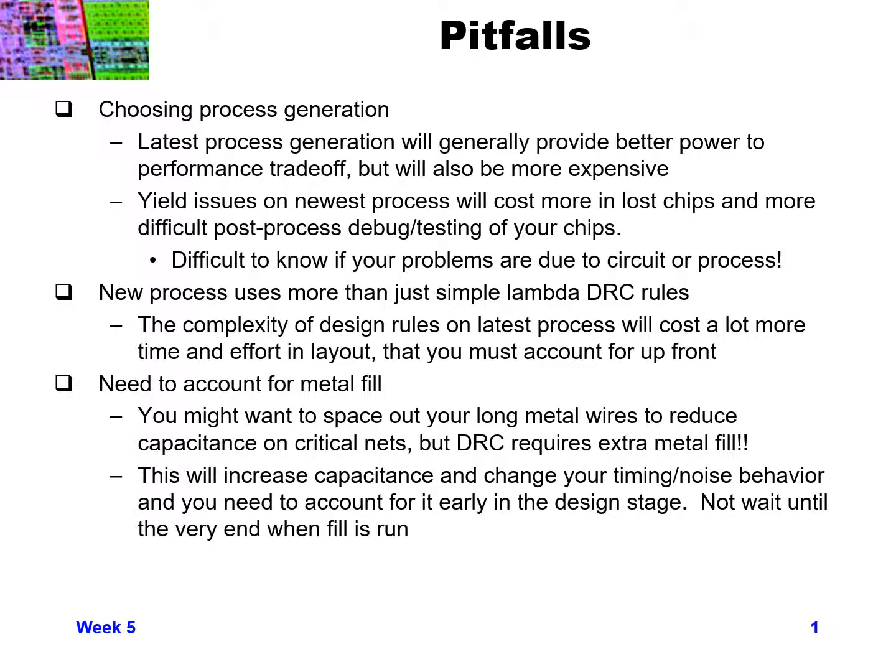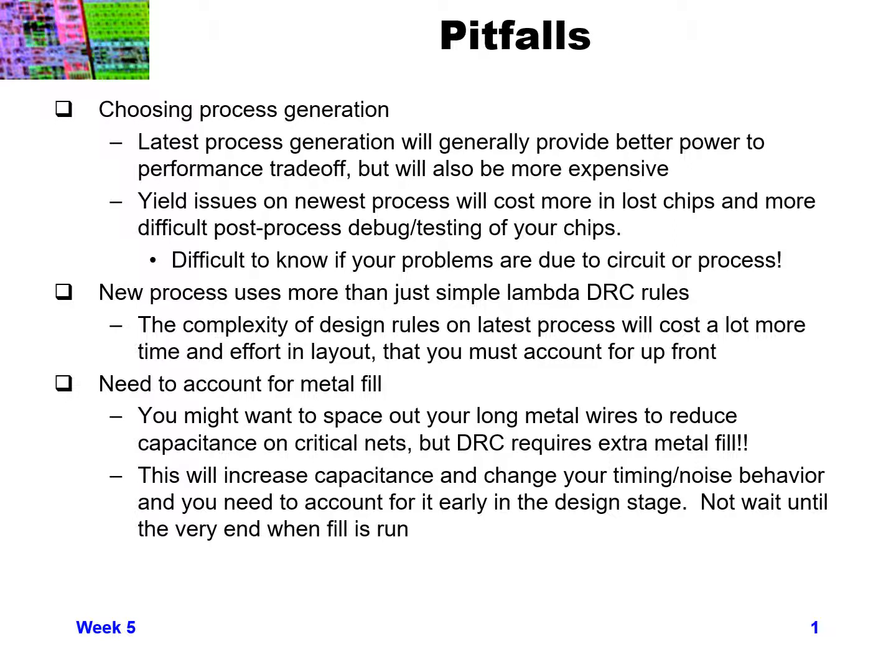As I said before, there are DRC rules that require a minimum amount of density of metal, and so if you're designing that way and you're doing your simulations and everything looks good, and then you don't run your fill flows or your DRC checks for fill and density until later, you might find that you have to insert this extra metal fill.